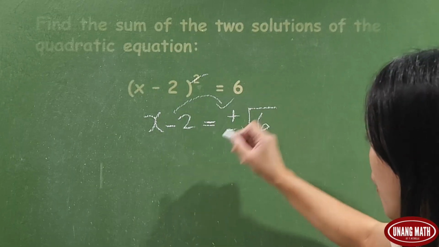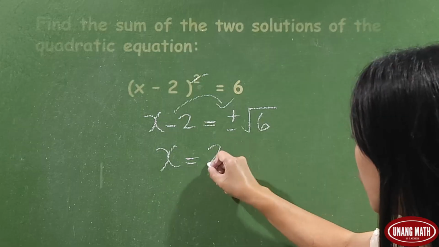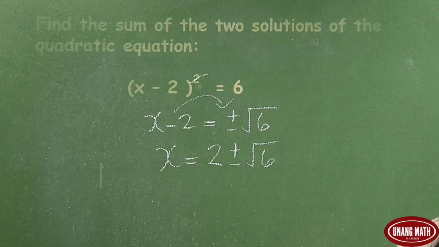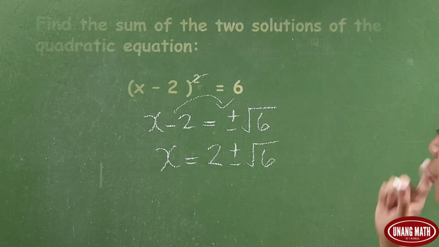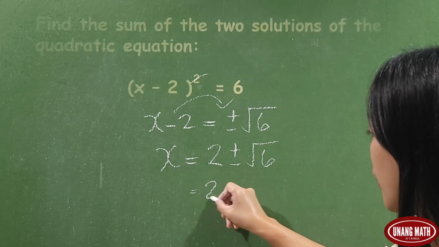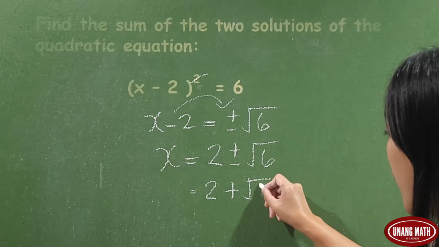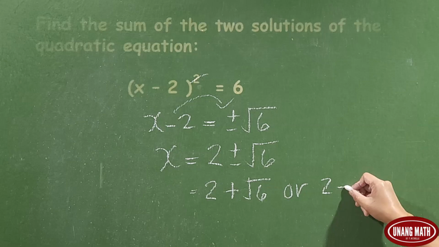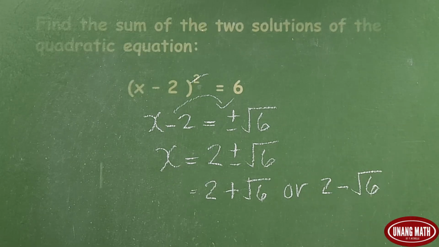Move minus 2 to the other side, x is equal to 2 plus or minus square root of 6. So the solutions here are 2 plus square root of 6 or 2 minus square root of 6.